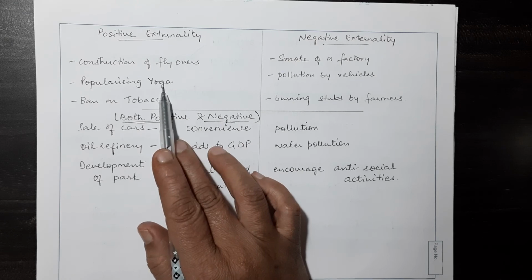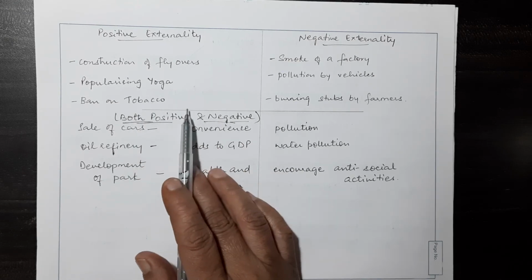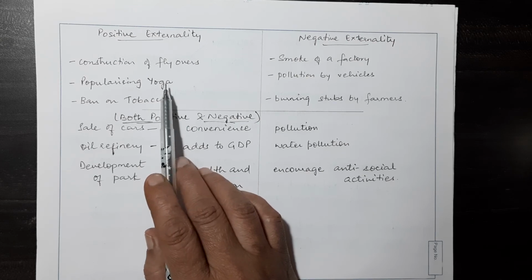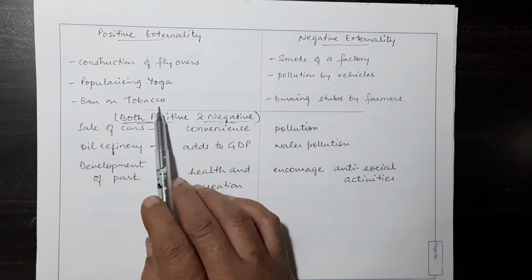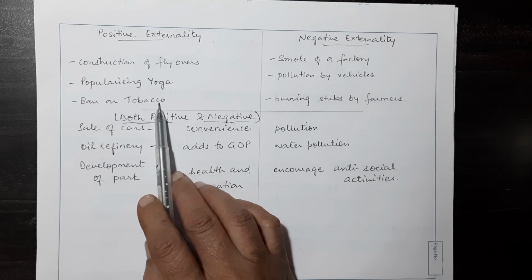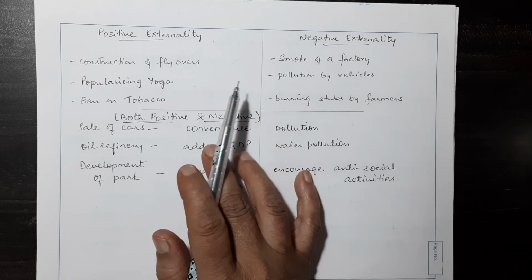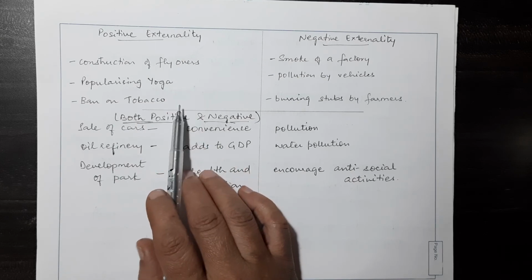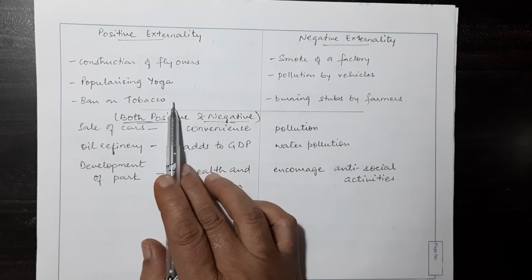Though it causes an expenditure from the government, it increases the health of the people, so it's a positive externality. Then a ban on tobacco. Production of tobacco is included in the GDP, but a ban on tobacco would improve the health of the people. So it is a positive externality, right?